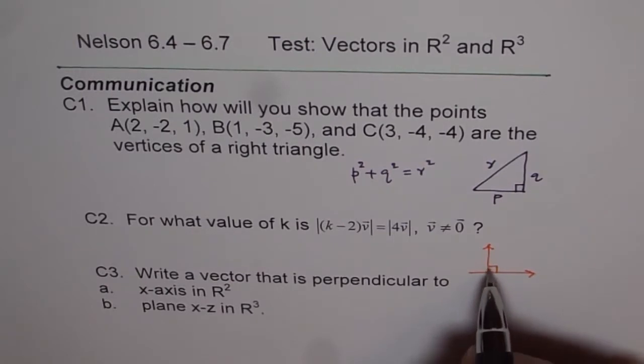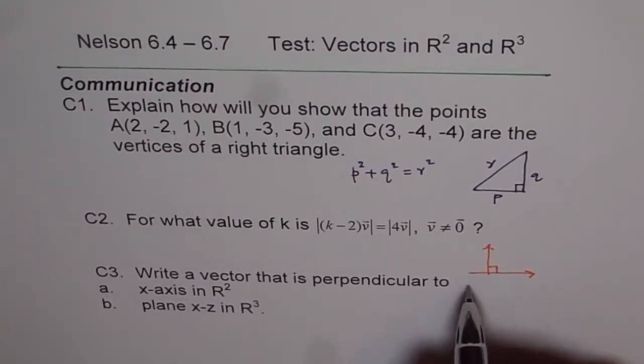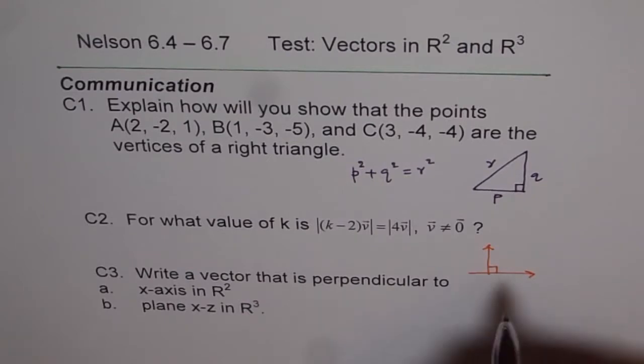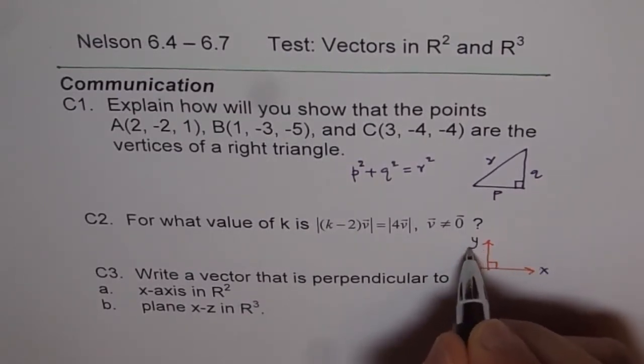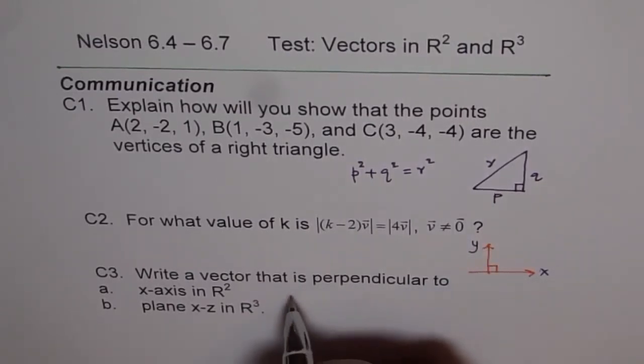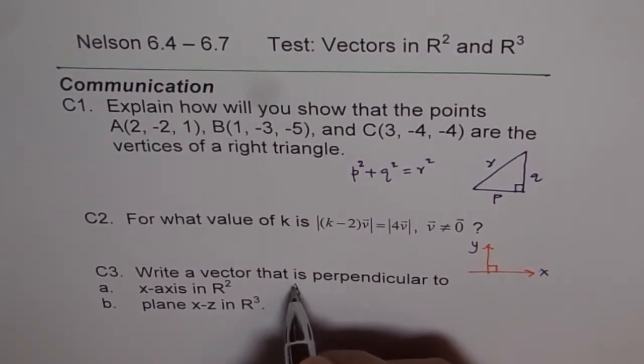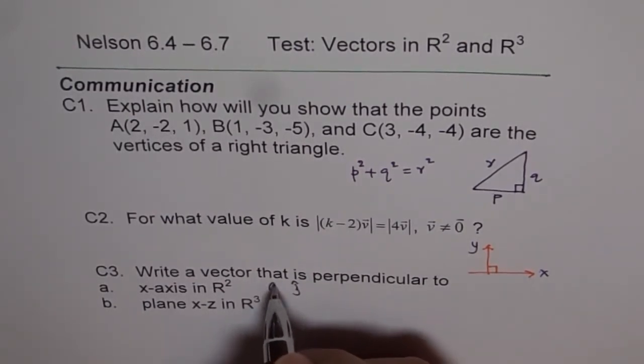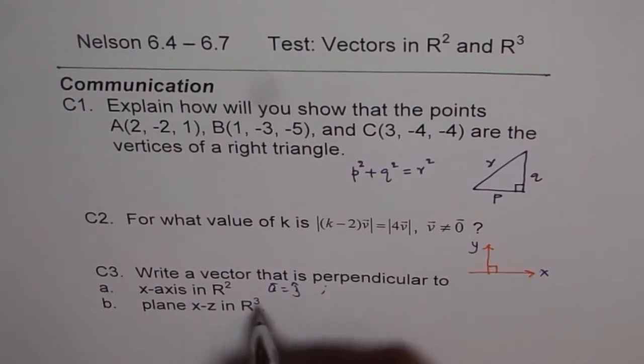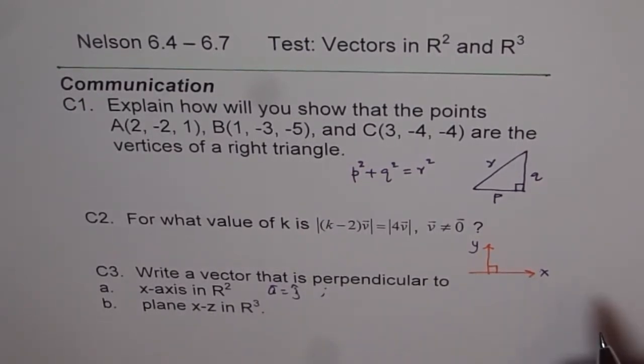Now the thing is how to write this vector. At times students get confused about this. You could write in unit vector notation, that is using i, j, k, right? If this is the x-axis and this is y, then this vector could be j. So if I write the vector a equals j, it itself is perpendicular to the x-axis.